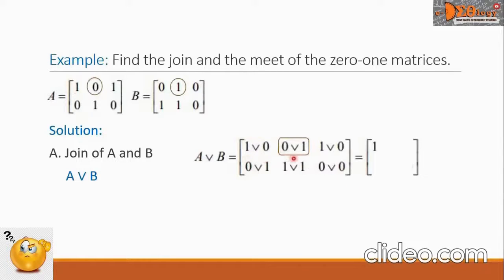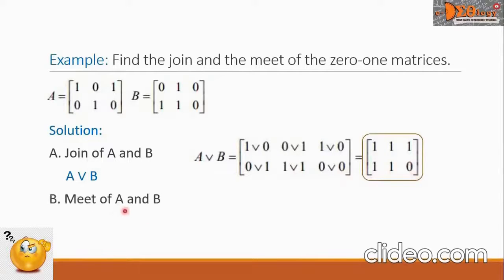Second, 0 or 1 is 1. Third, 1 or 0 is 1. Next, 0 or 1 is 1. Then 1 or 1 is 1. Next, 0 or 0 is 0. So the join of A and B is the matrix 1, 1, 1, 1, 1, 0.